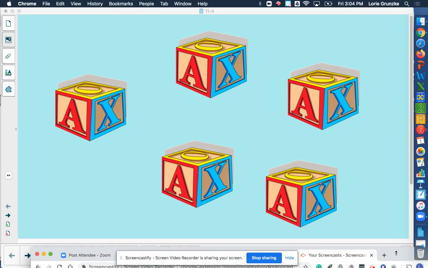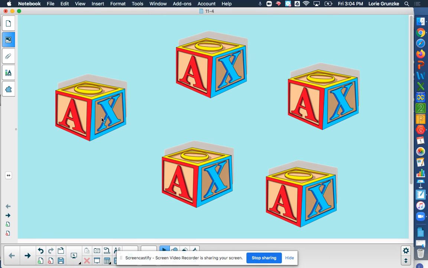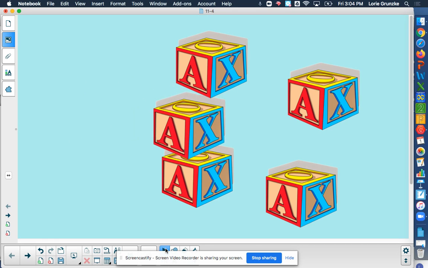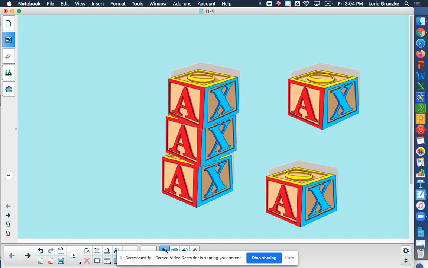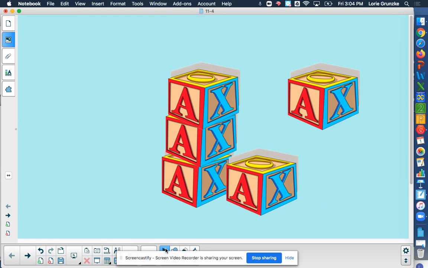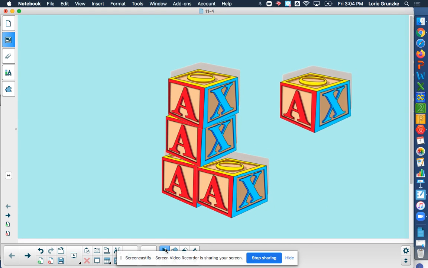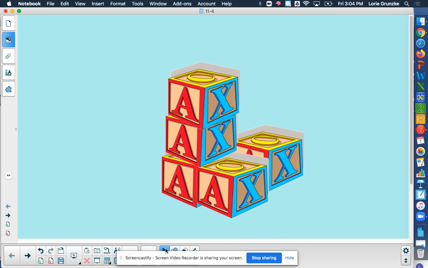So these are the types of blocks a lot of you played with. If I took this block, and I stacked it on top of that one, they don't stack perfectly because it's just pictures. And then somebody said, how many blocks do you have?